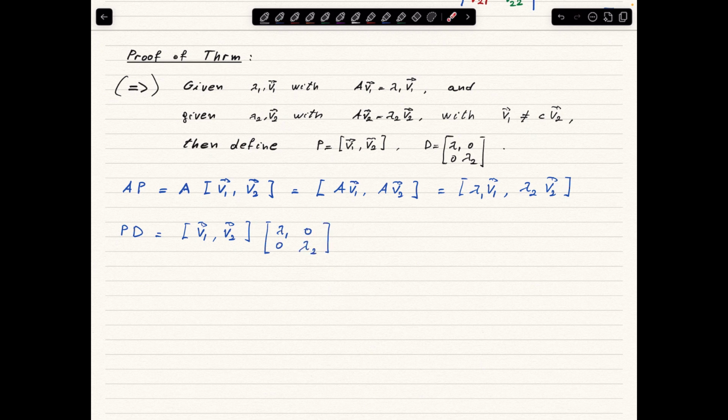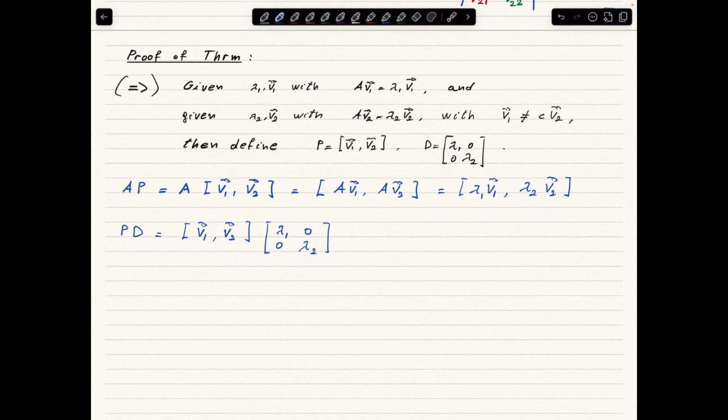Recall these are 2 by 2 matrices. The 0 multiplies all the components on the second column, so it's going to be 0, and lambda 1 is going to multiply the first column, so we end up multiplying this column by lambda 1 and this column by 0.